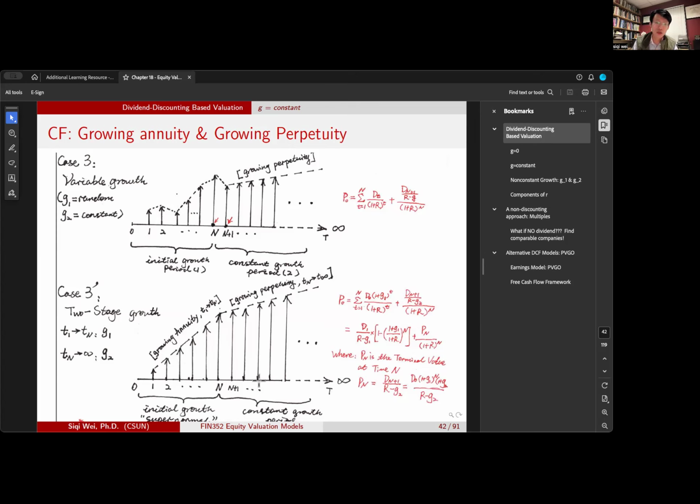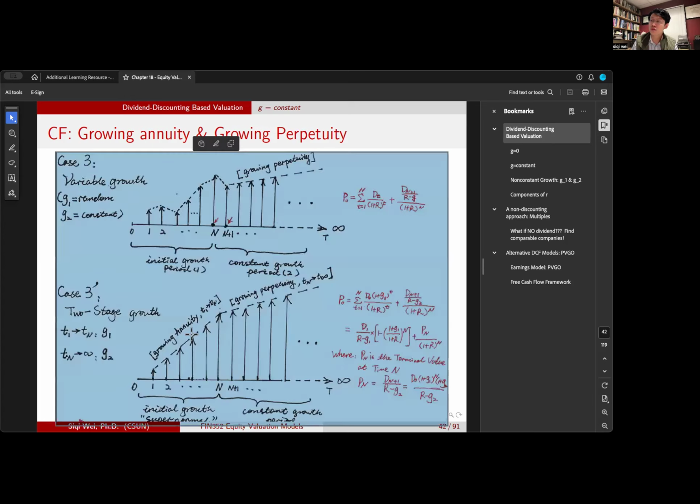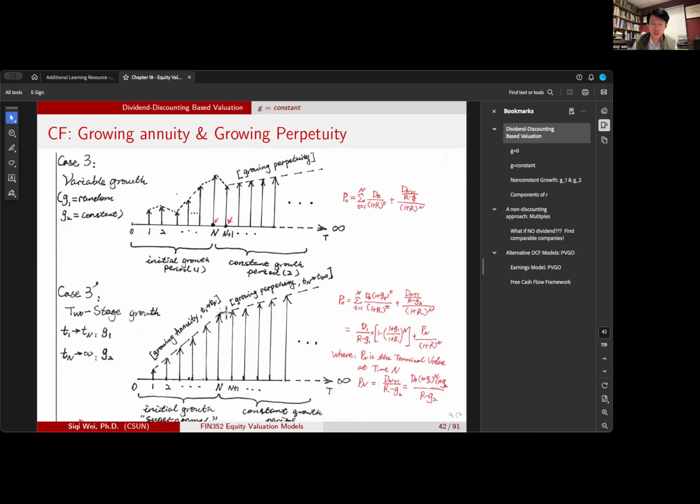And after a couple of years, because of market competition, the growth rate is lower, so the slope of the cash flow is less than in the first stage. To do that, you have to discount back cash flows stage by stage.